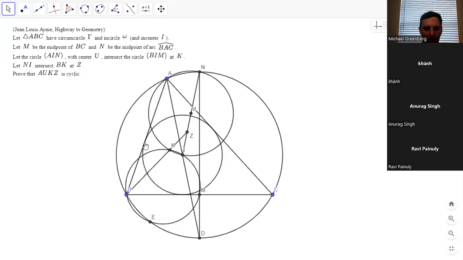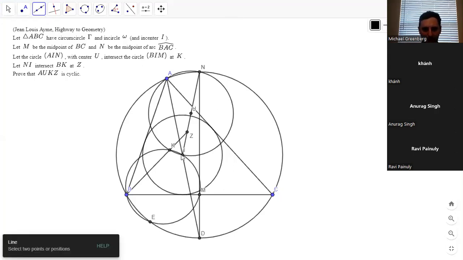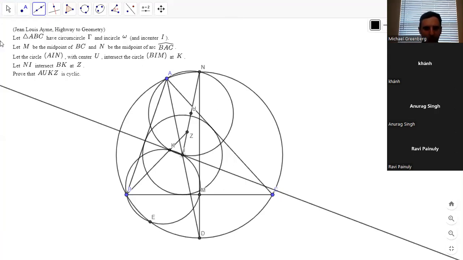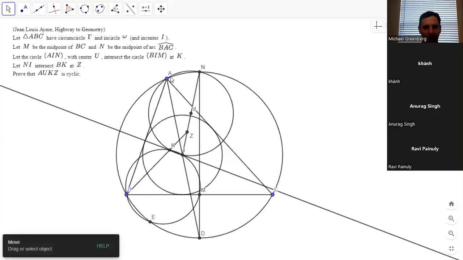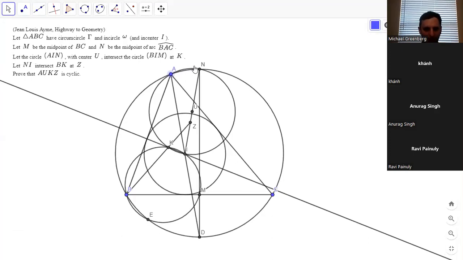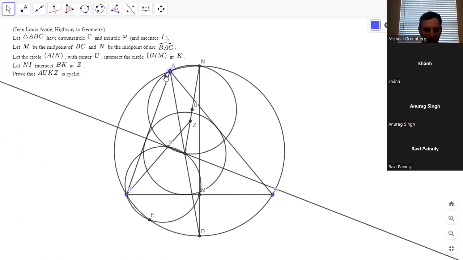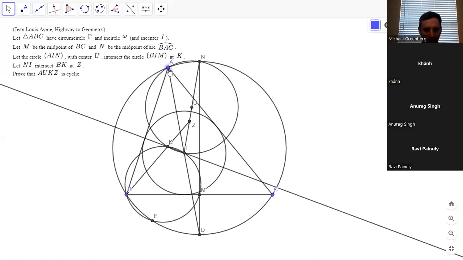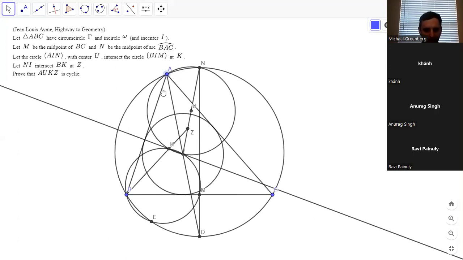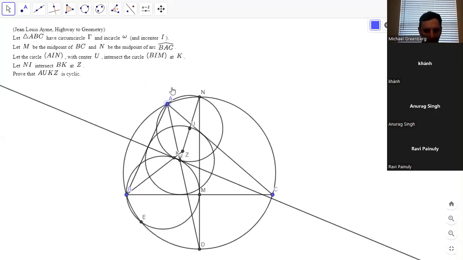Maybe, I wonder if IK and this point are collinear, the tangency point. It almost looks like it, doesn't it? But yeah, it looks like those are collinear. It's hard to make it so that they're not.